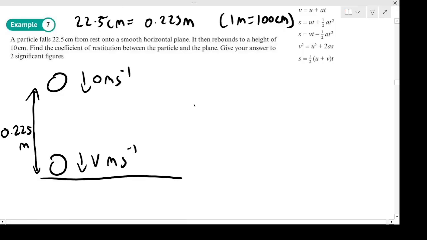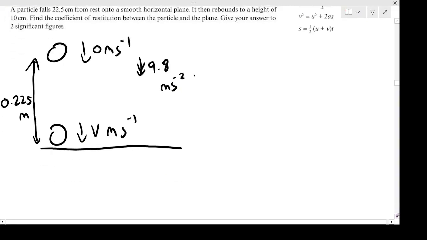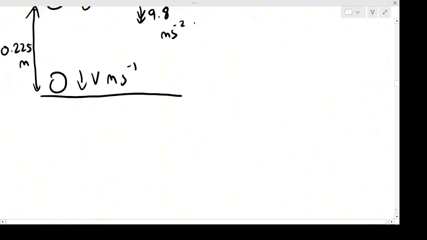Now, there we are. So again, the acceleration downwards is 9.8. If I label my information here, S is going to be 0.225, U is going to be 0, V is what I want to work out, and A is going to be 9.8. I don't care about T here, so I'm going to leave it there.